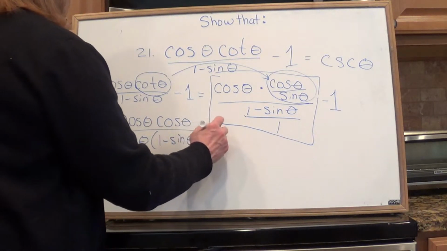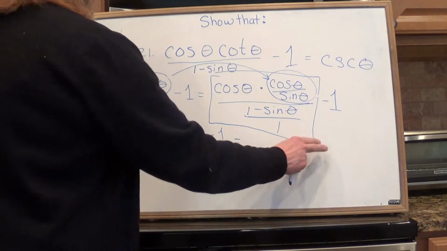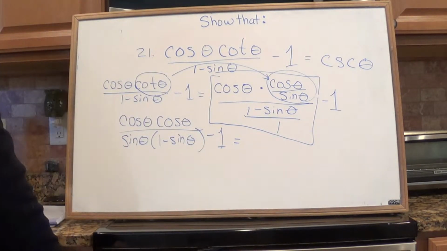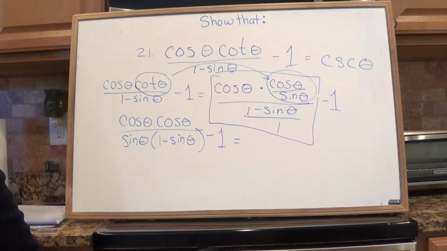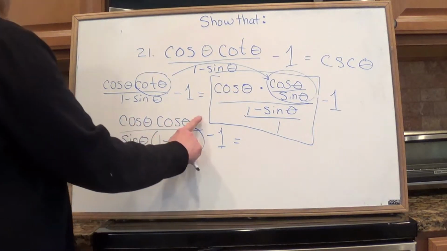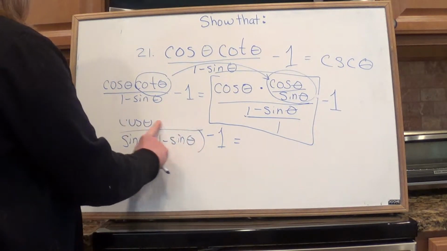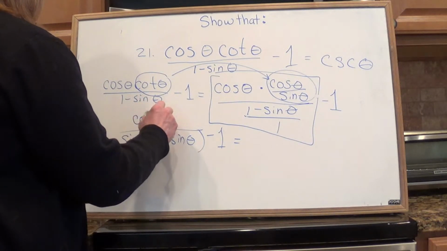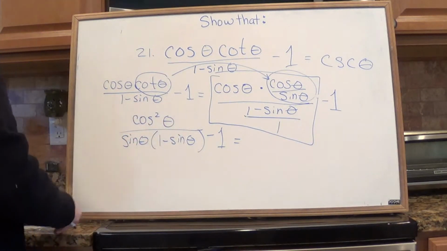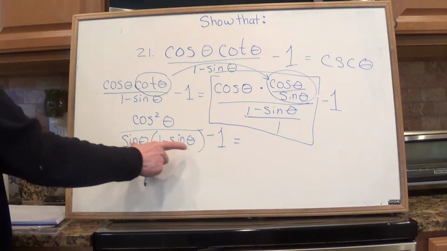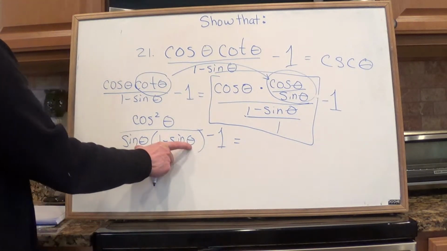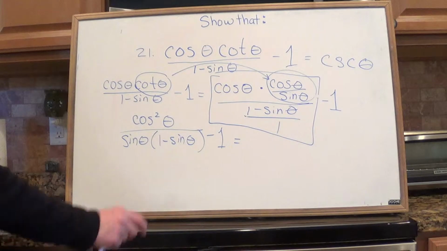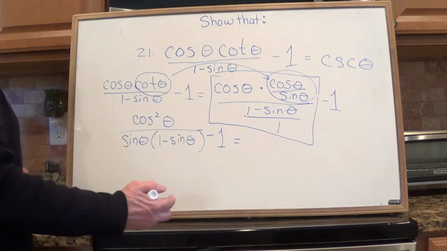And we've got the minus 1 tagging along just for fun. And now I decided at this point to rename this cosine squared. My space is limited, you can just rewrite it. And I decided to give this the same denominator as this. I just left it in its factored form.